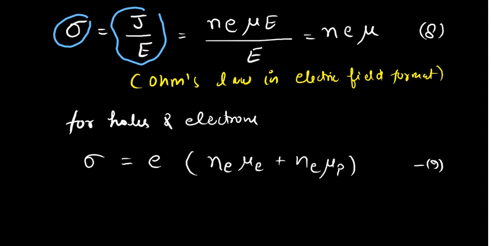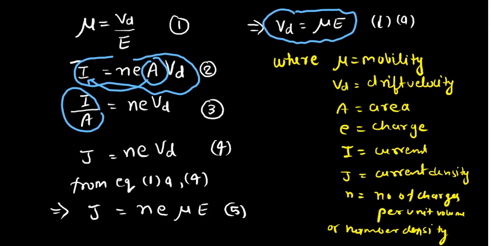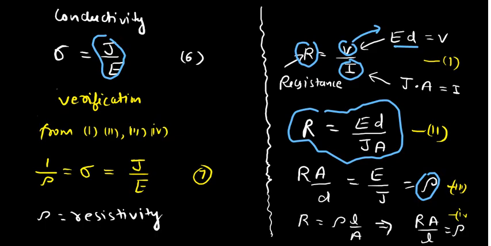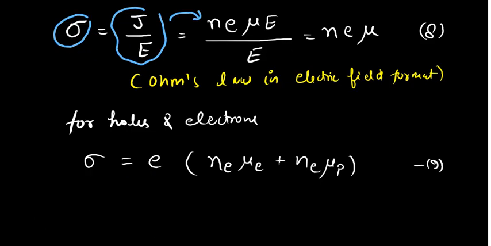What is J? Let us refer to this equation. J is Ne into mu E. So this becomes Ne mu. This is Ohm's law in electric field format.